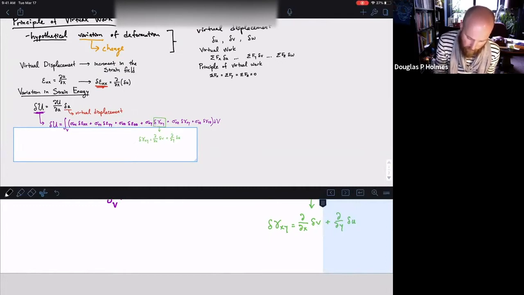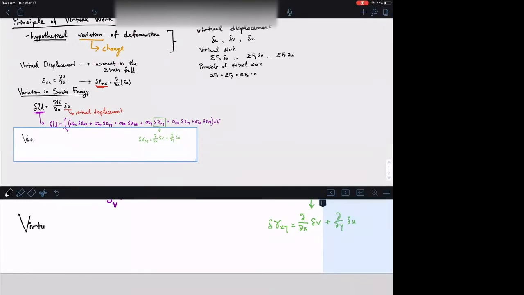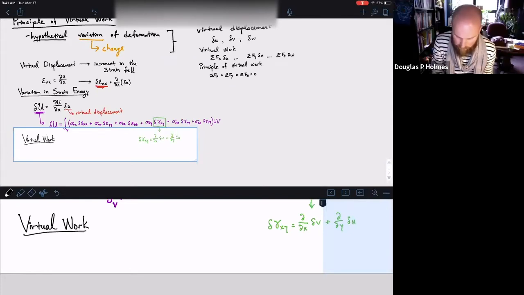Virtual work I described before, but not quite in the way we're going to use it. Good question. Okay, there's a question: in the variation of the strain energy, what is delta U?